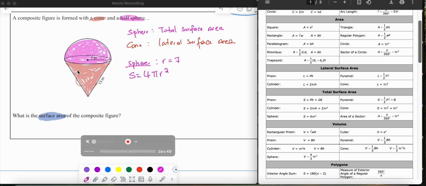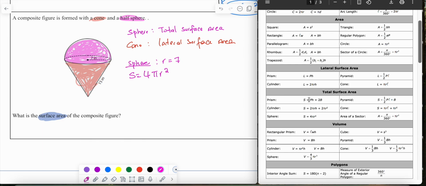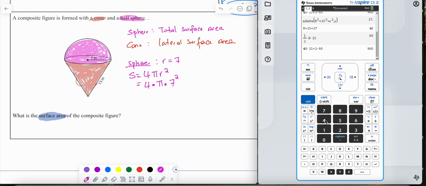Right here, your radius goes from the center to the circumference. So if we use that, we're going to have 4 times pi times 7 squared.